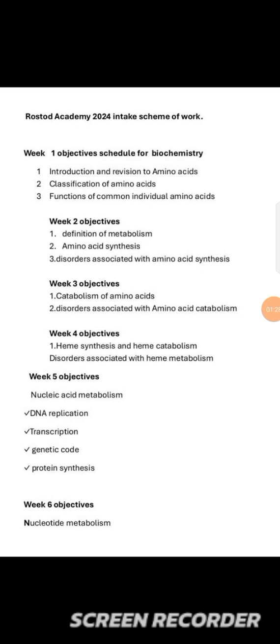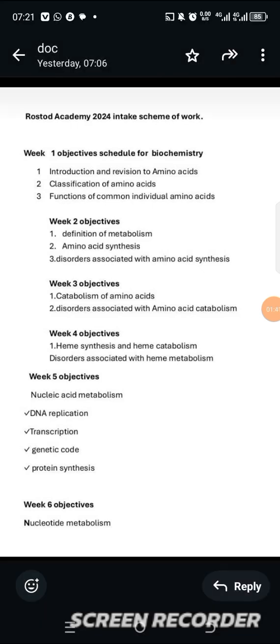Week 1, week 2, week 3, week 4, week 5, week 6. Each week we target to finish a certain component. For instance, we start with amino acid metabolism in week 1.